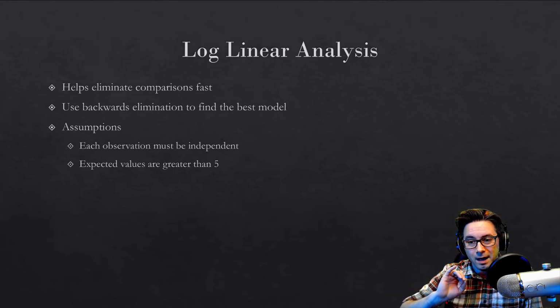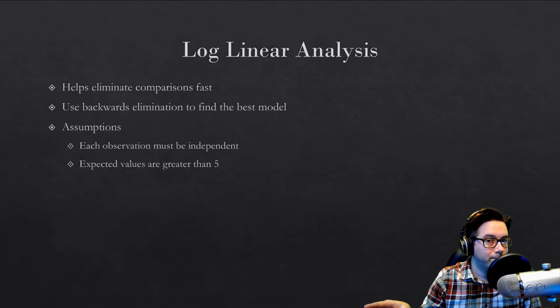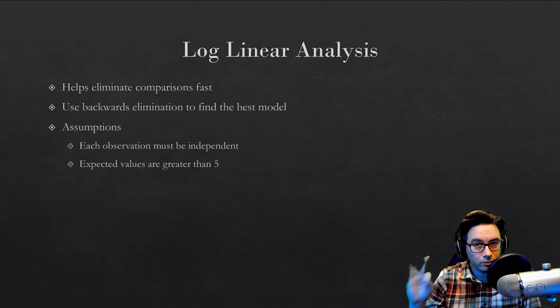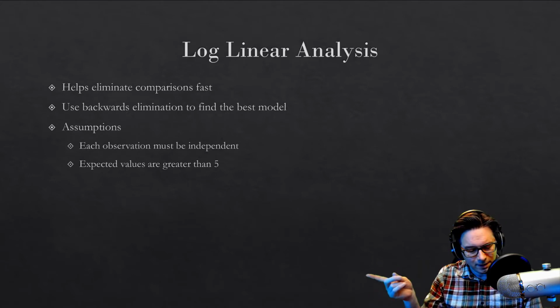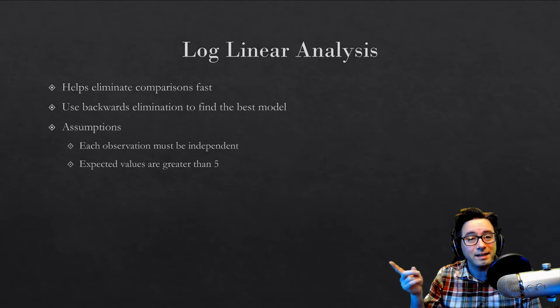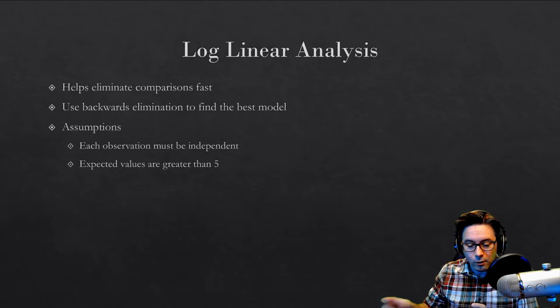Anyways, with log linear analysis, like the chi-square, there are two assumptions. First, each observation must be independent. I've said this before, hopefully it was for this class. If we're thinking about categorical values, that means one observation doesn't go into two locations.